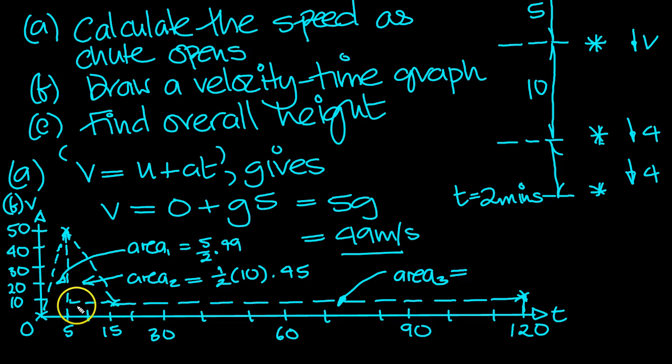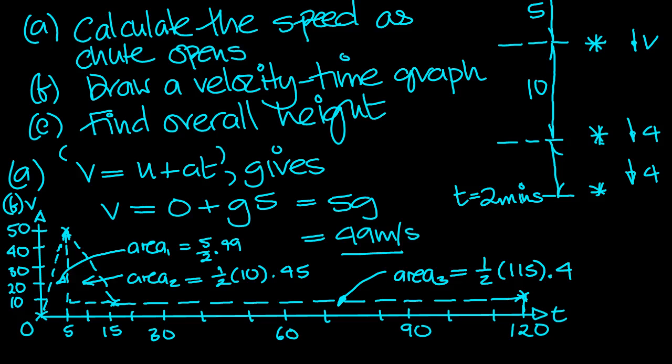Then area 3 is this area here, from 120 through to 5, which is 115. Half base, half of 115, times the height, which is 4 rather, if we remember this height is 4.